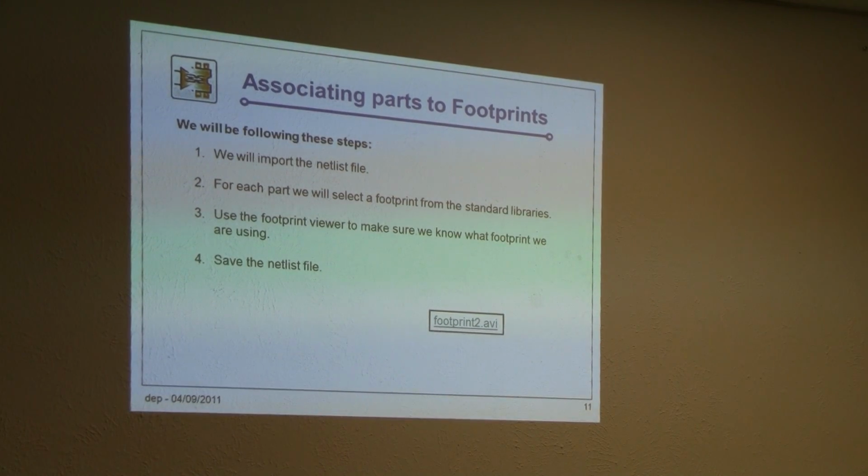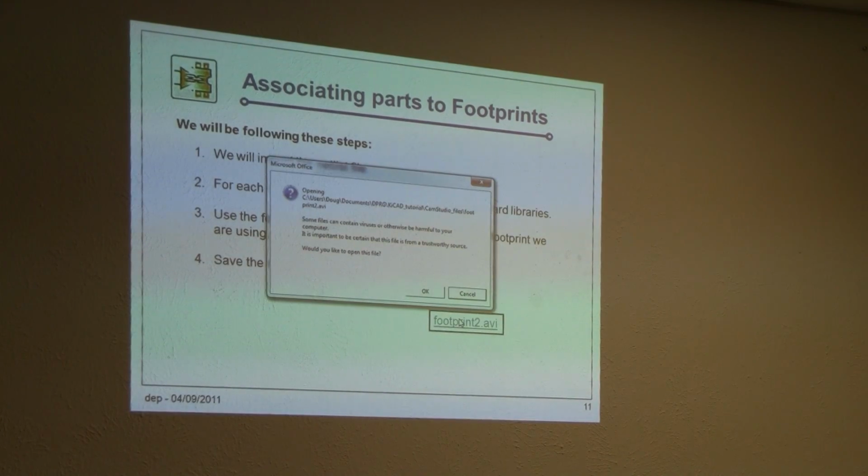And for each part, we're going to select a footprint from the standard libraries, again because we aren't using anything really exotic. We're also going to look at the footprint viewer, so you can see how you can preview things before you do it. And then we're going to save the Netlist, because this Netlist will now have associated a footprint to all of the components.